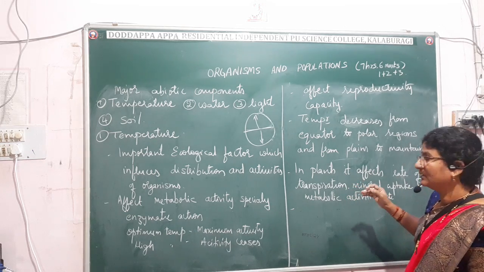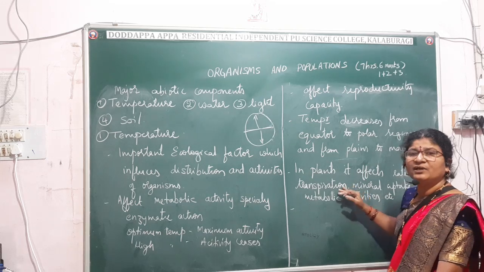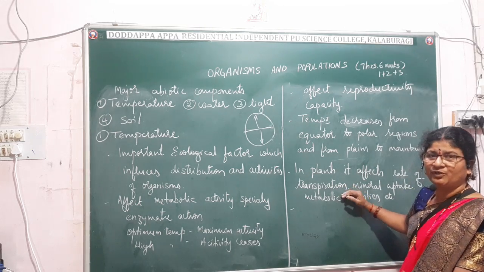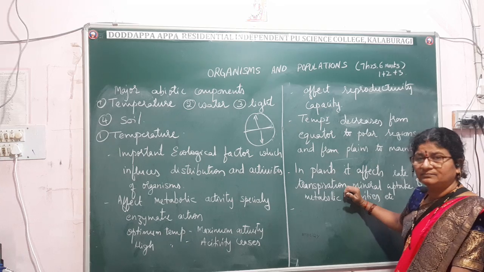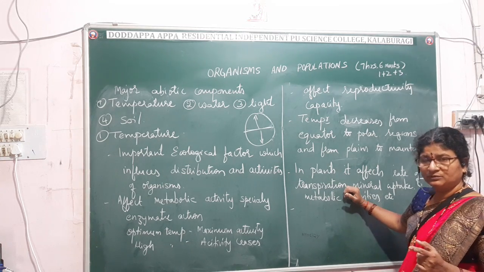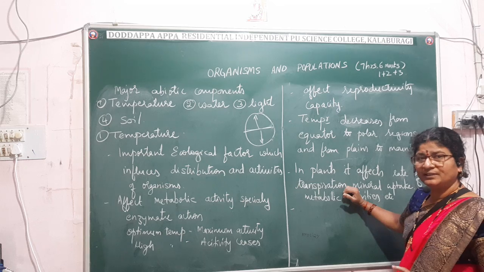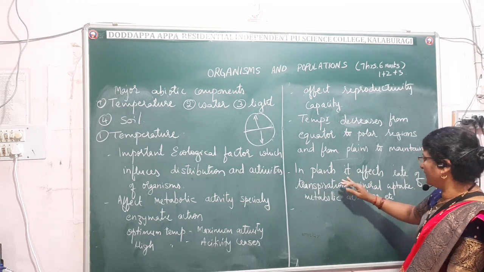The rate of transpiration gets affected, as you studied in plant physiology. If the temperature is high, the rate of transpiration will be more. The plants start losing more and more water in the form of vapor.